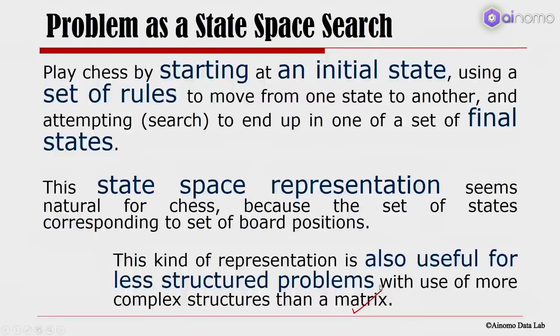I would like to emphasize here that for the 8 puzzle, the matrix representation came obviously to the mind because we were talking of a 3 cross 3 arrangement of tiles. For chess, an 8 cross 8 matrix immediately comes to mind.